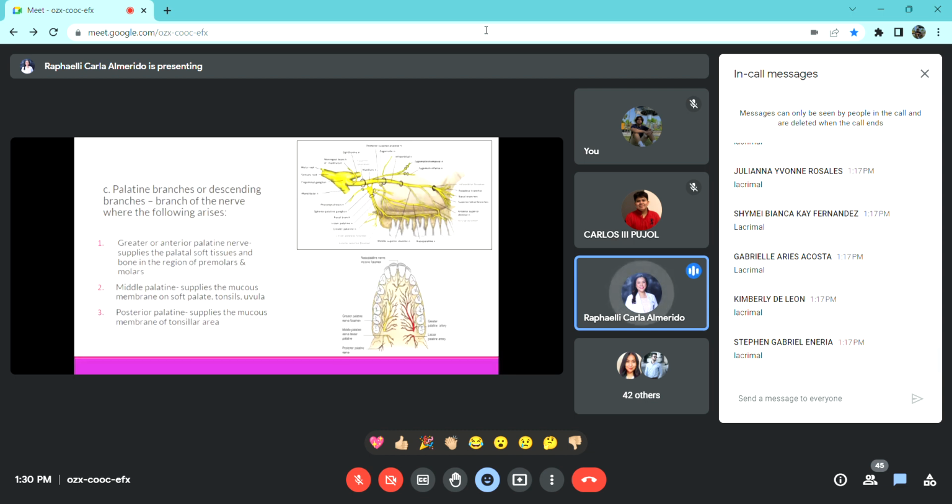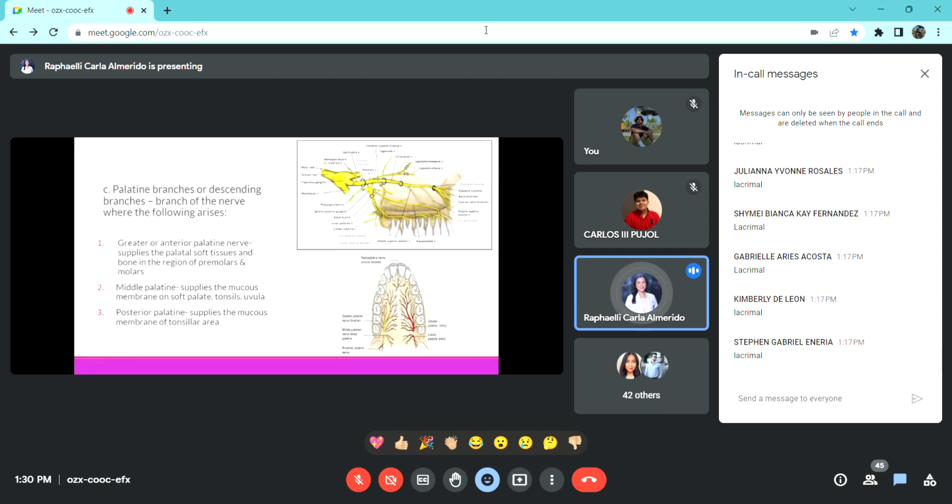Another set of branches of your sphenopalatine ganglion is your palatine branches. You have a greater or anterior palatine nerve, your middle palatine nerve, and your posterior palatine nerve. If you look at the lower photo on the right side, the yellow is your nerves.